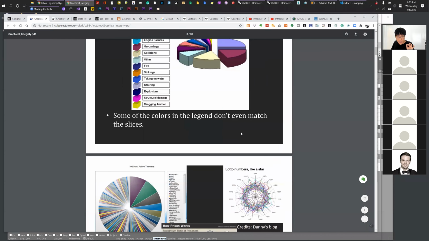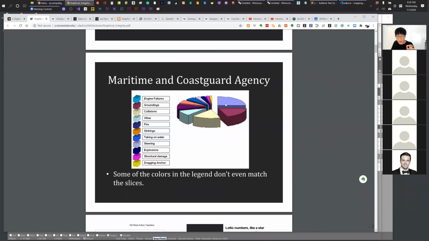In this pie graph, I felt like, what is this? String is bigger than collisions, but in terms of the data-ink ratio, it has more ink. So as a visual effect, people perceive that one as a little bit bigger than that one.